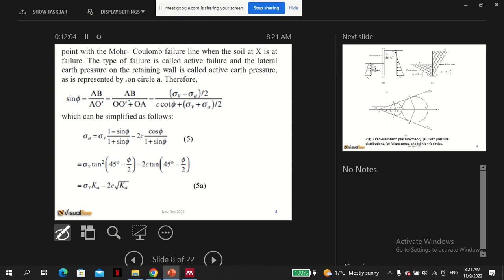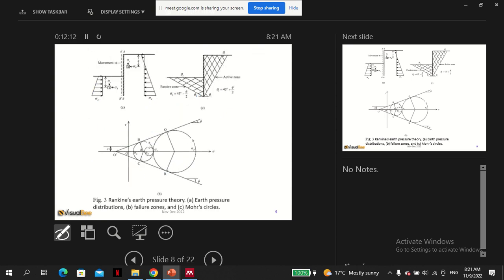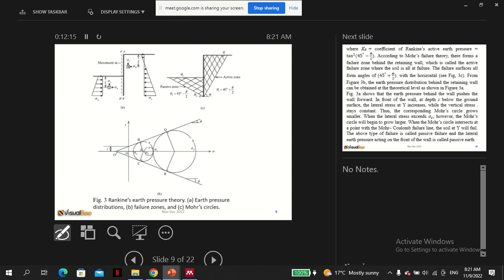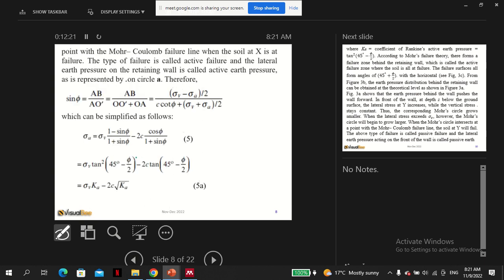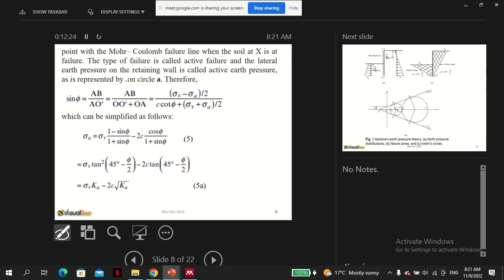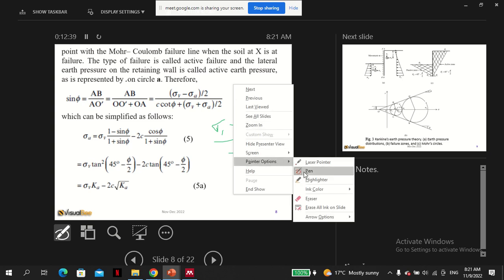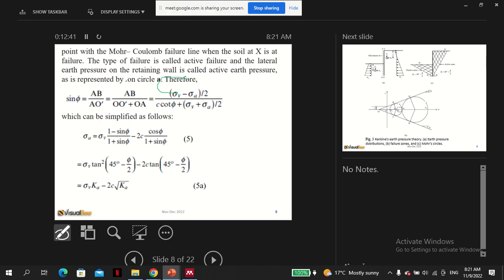We can now represent them, you can replace this. For example, O prime is just O prime plus OA, so that's just an issue of trigonometry, geometry, and then AB is just the sigma. You remember we said sigma 1 minus sigma 3 over 2 is the same thing, so this is just the radius.